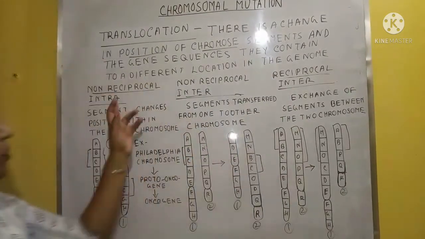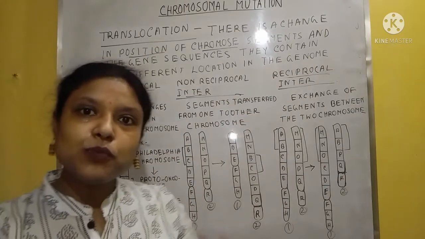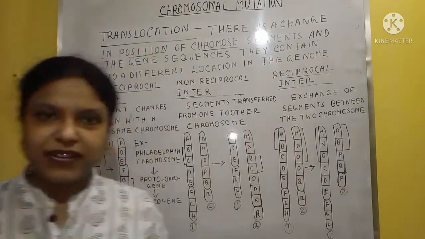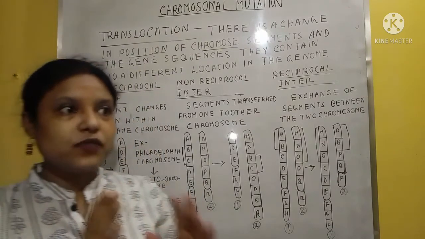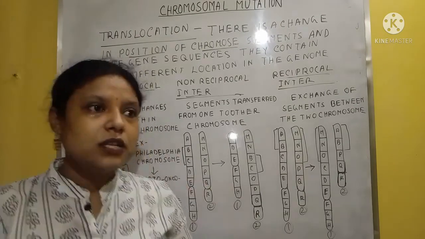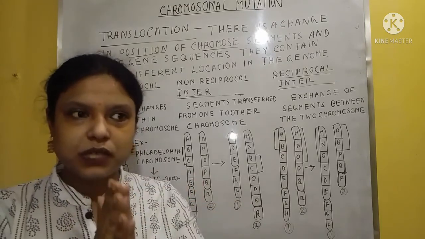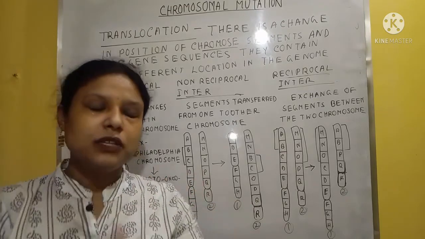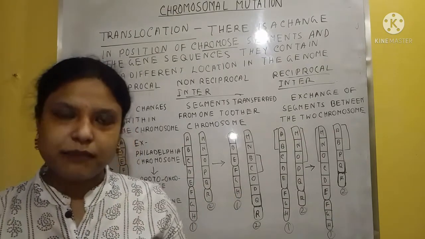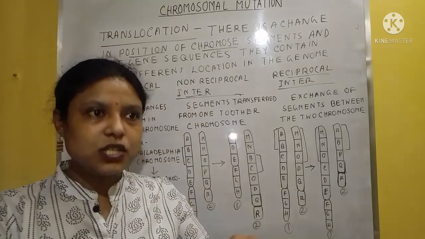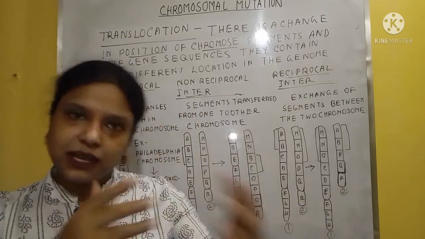So reciprocal and non-reciprocal: in the non-reciprocal case, only one chromosome exchanges its segments, and the second one does not, or it happens within the same one. The two chromatids attach with the centromere to form the chromosome. So the segments of one chromatid remain the same, but the segments of the other chromatid exchange their places.